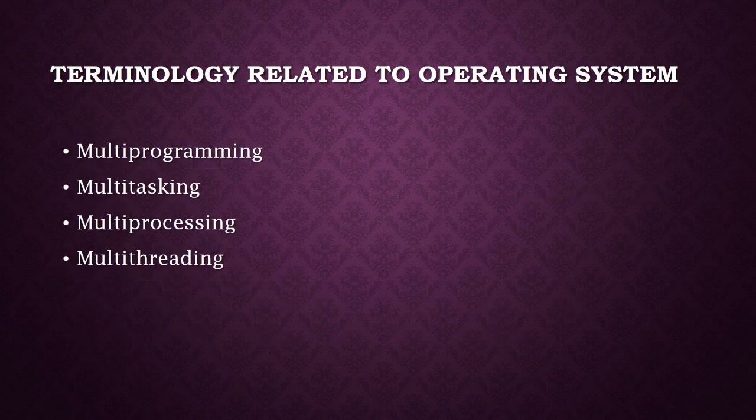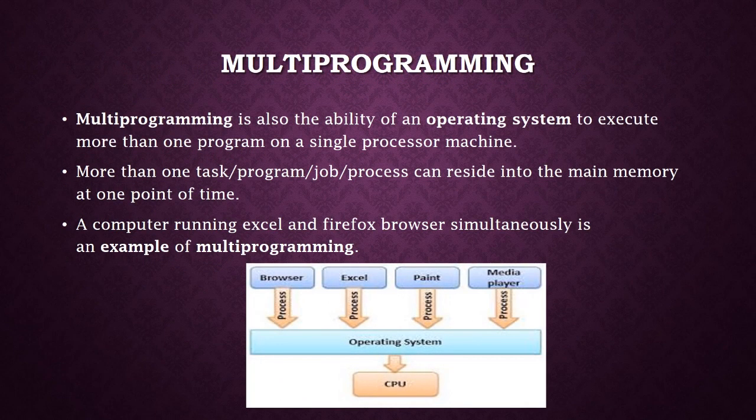Before we start with the detailed study of operating system, we should know about some terminology related to OS, that is multiprogramming, multitasking, multiprocessing, and multithreading. What is a multiprogramming system?